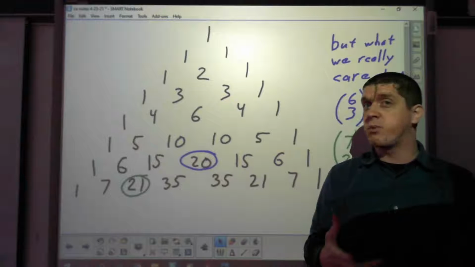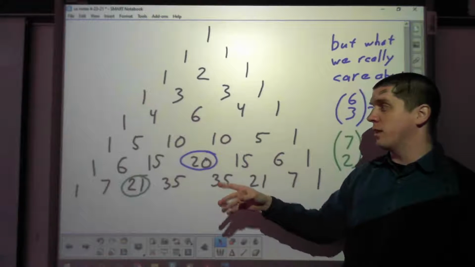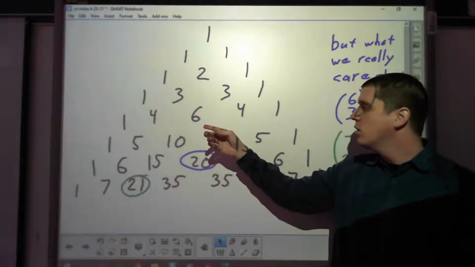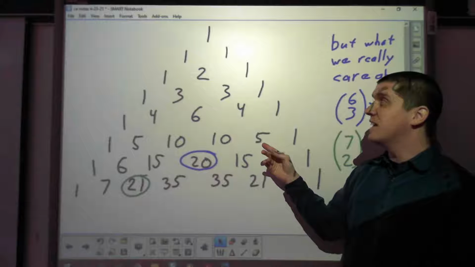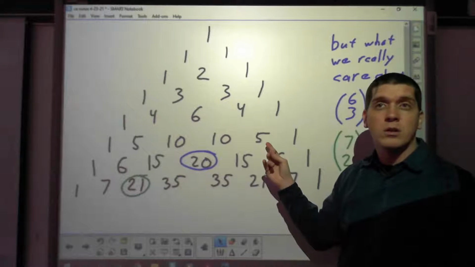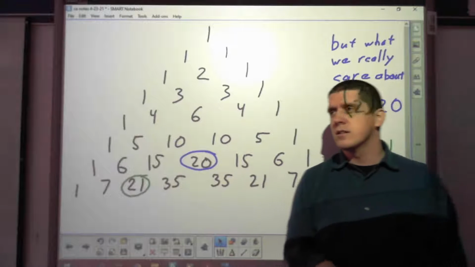The coolest part of all of this is every single one of these is a combination. You're like, that's a combination? Yeah. That's the combination of 4 choose 2. That's a combination? Yeah. That's the combination of 5 choose 4.